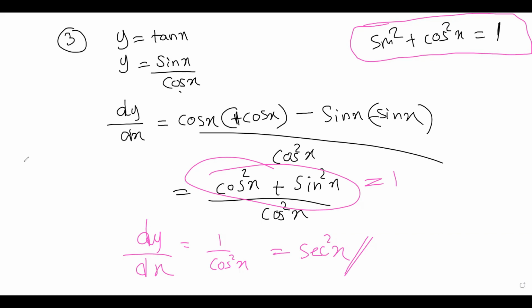So, if I summarize, what is the multiplication? y equal uv, it should be dy by dx equal to u into dv by dx plus v into the other one, du by dx. Okay.